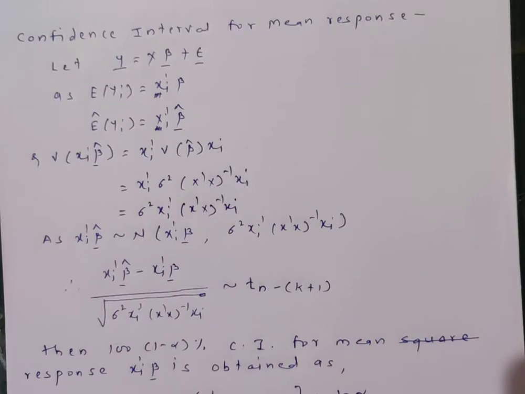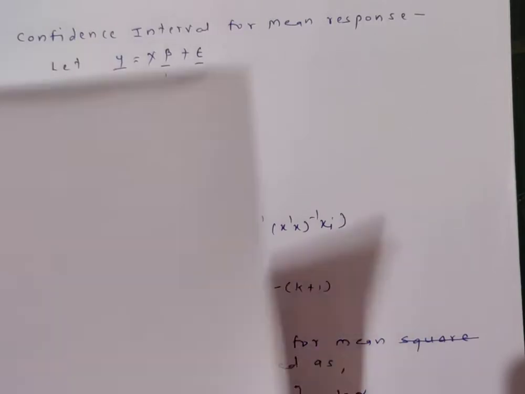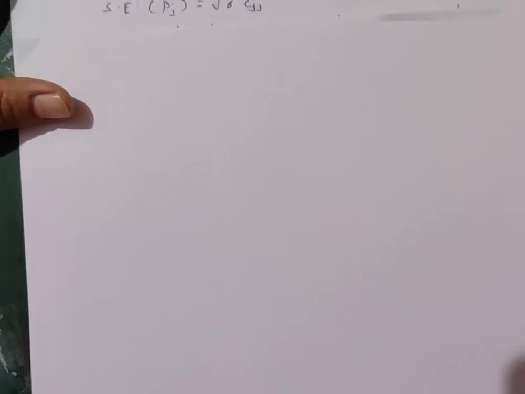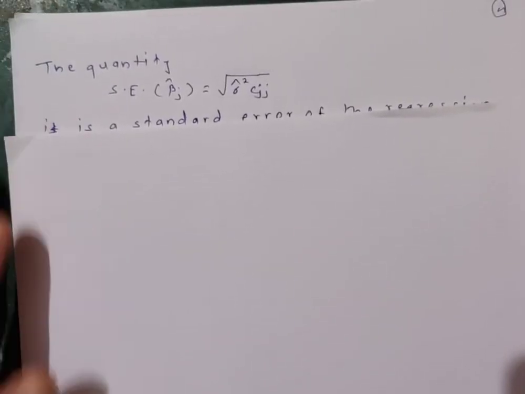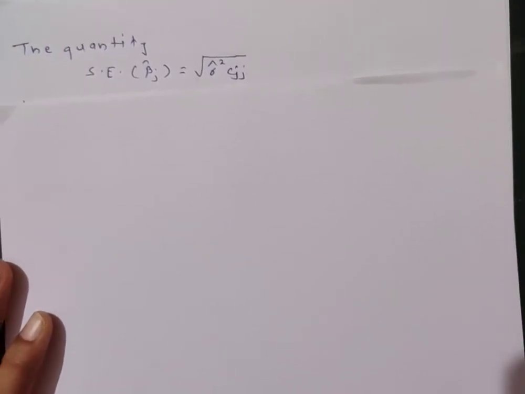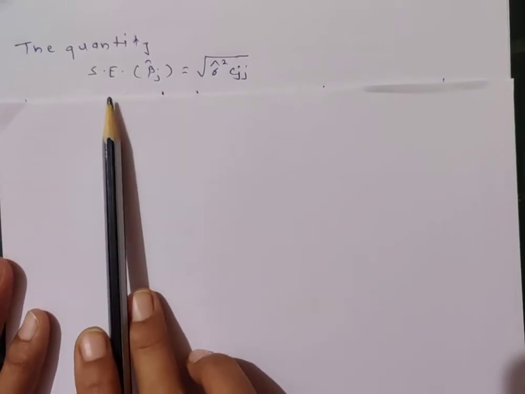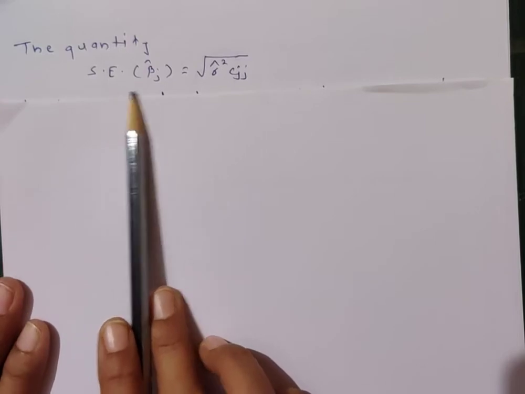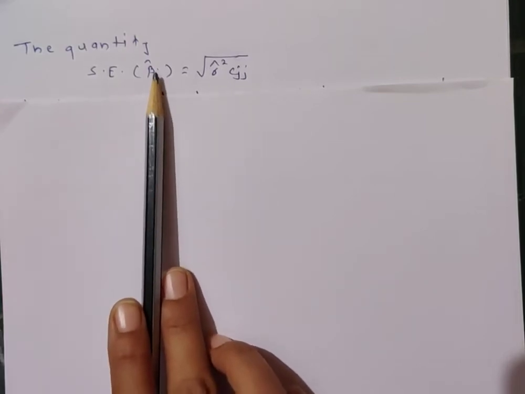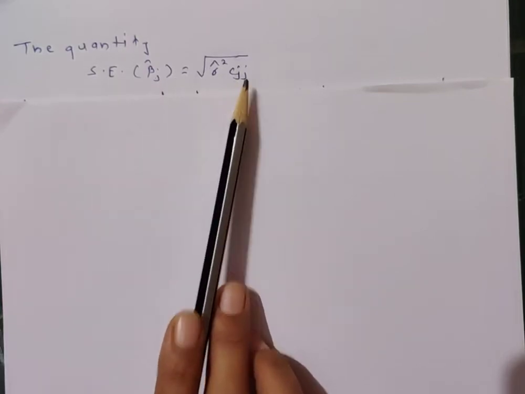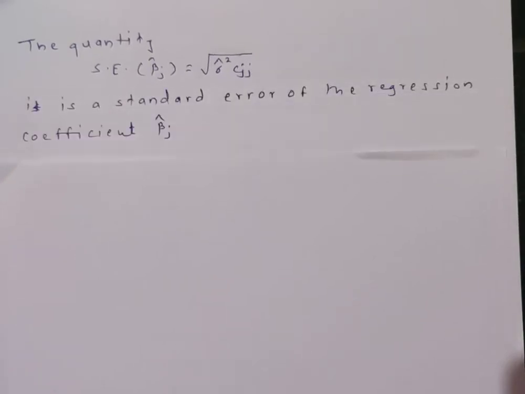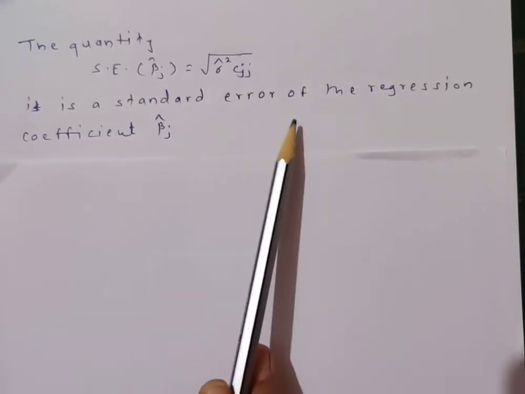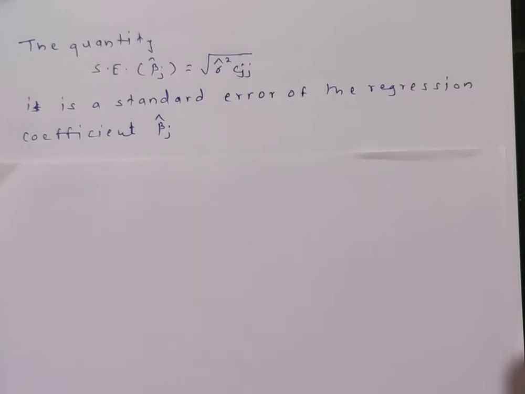Observe the quantity square root of sigma hat square Cjj. That is the standard error of beta j hat, the standard error of the regression coefficient.